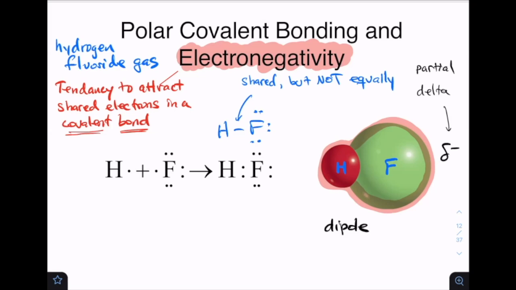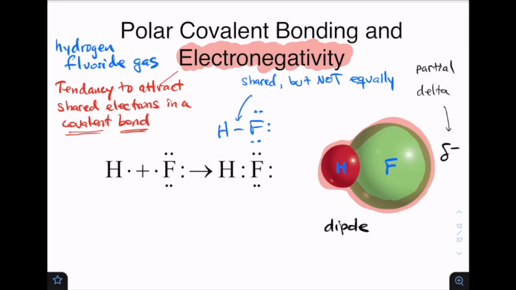We're going to have a delta negative charge on the fluorine side of this bond because the electrons are attracted more to the fluorine than they are to the hydrogen. Fluorine is more electronegative than hydrogen. So when they are both sharing electrons, fluorine has a greater tendency to attract those electrons than hydrogen does.